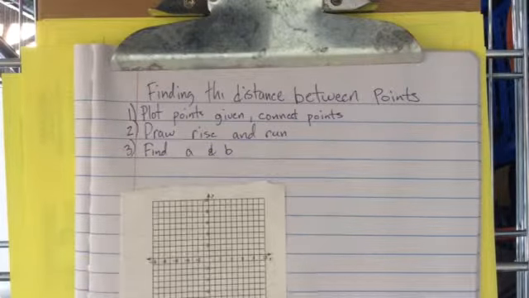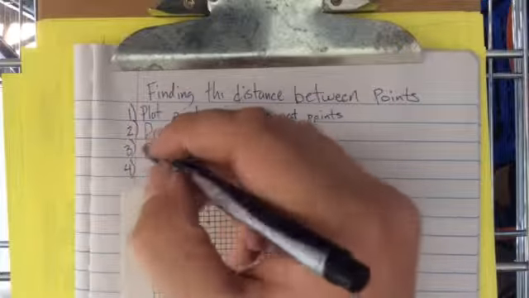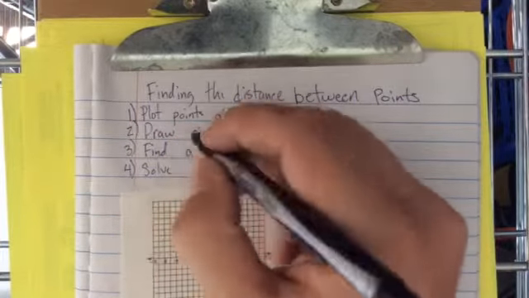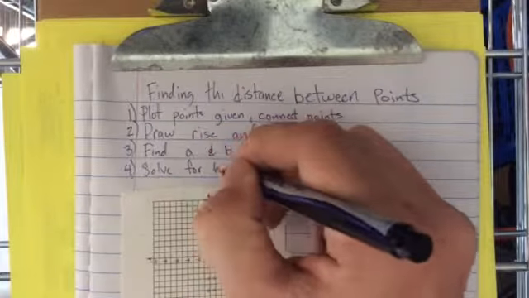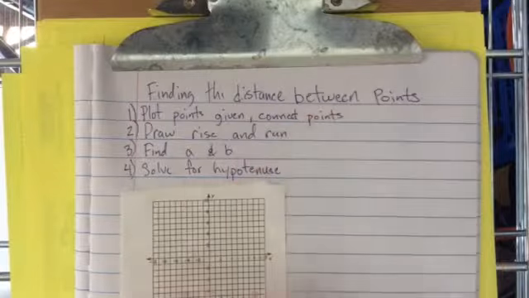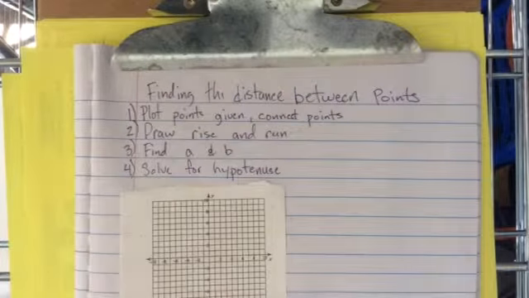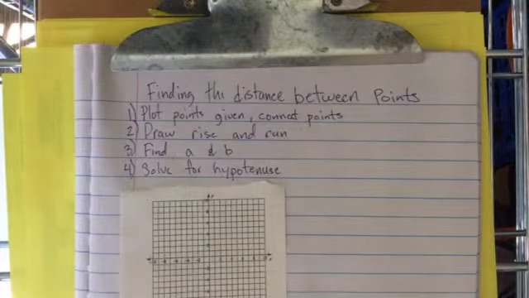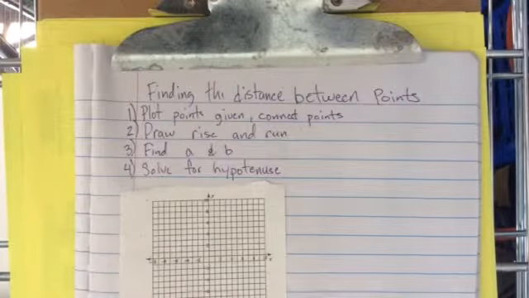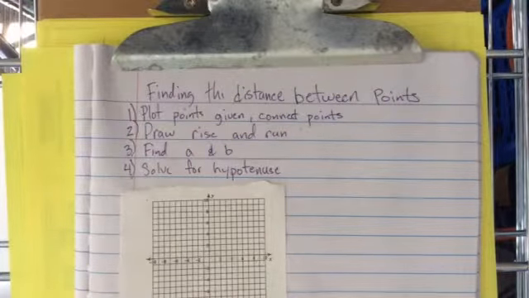And our 4th step, solve for the hypotenuse. So those are our 4 steps. Plot the given points. Draw in the rise and the run. Find A and B. And solve for the hypotenuse.